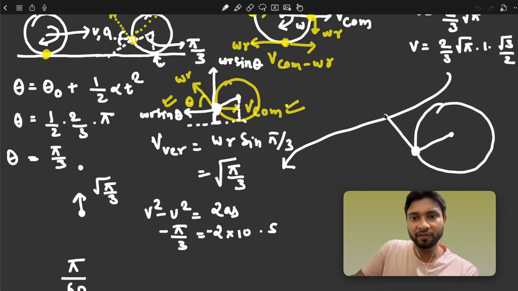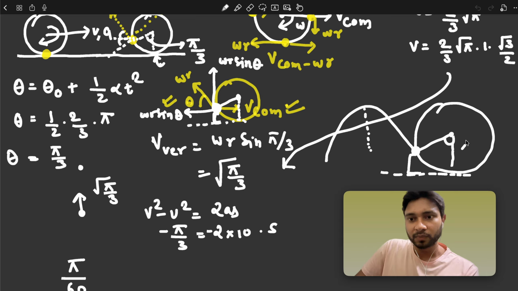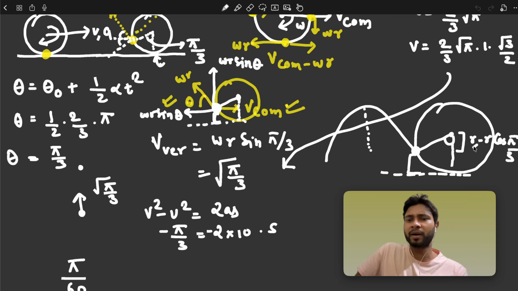From here we have calculated the maximum height. This is the maximum height. This point was already some distance above the ground level. Suppose this angle was pi by 3. So this distance will be nothing but r minus r cos pi by 3, where cos 60 is 1 by 2. So r by 2. Okay, so this distance was 1 by 2, and then this distance will again be 1 by 2.